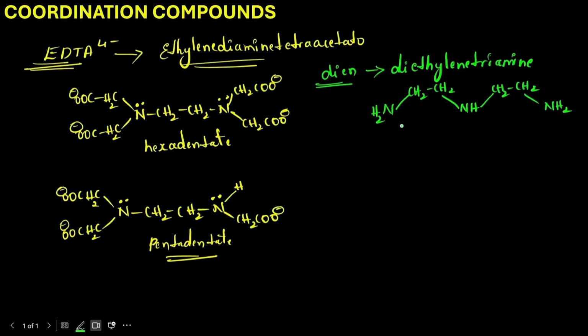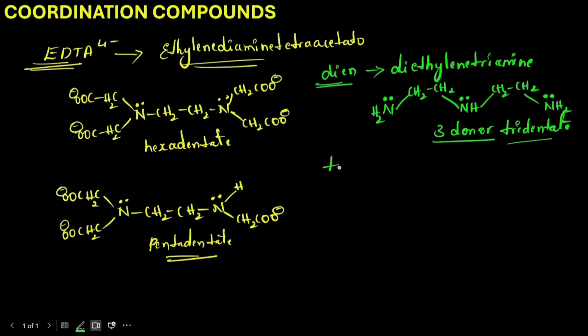How many donor atoms are there in this ligand? Here nitrogen has a lone pair of electrons. Here also nitrogen has a lone pair of electrons. And here also nitrogen has a lone pair of electrons. Therefore, 3 donors are there. Therefore, it acts as a tridentate ligand.